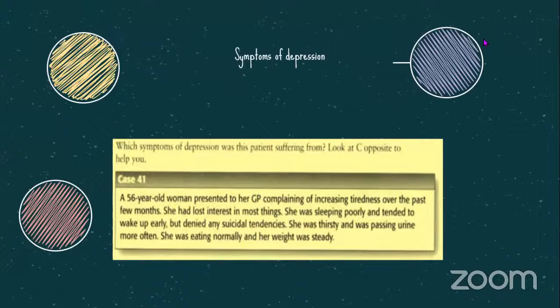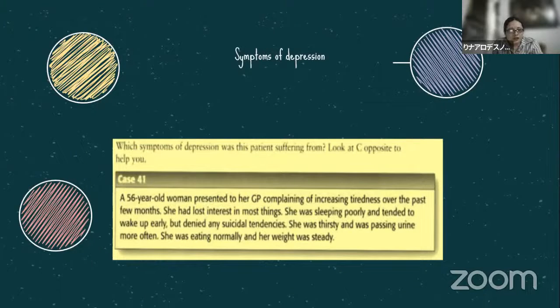Do you have any questions for vocabulary here? Do you understand the words tended to wake up early, for example? Tended. No. Teacher, what is the meaning of steady?